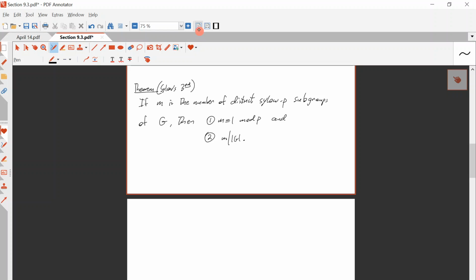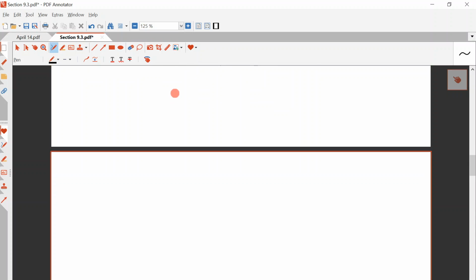All right, so a corollary of Sylow's second and third theorems is as follows.